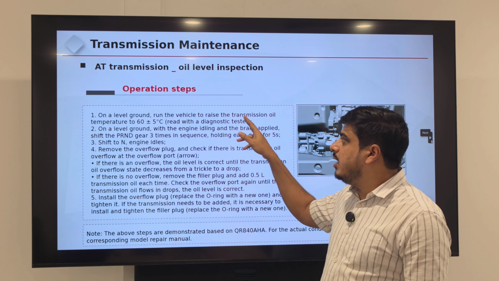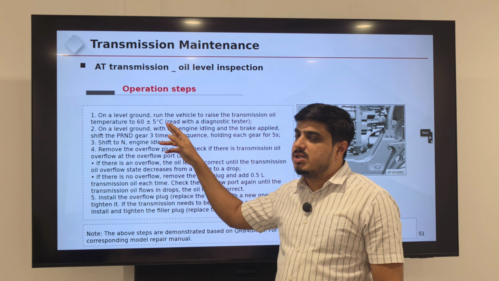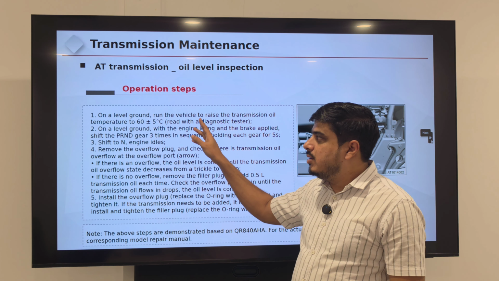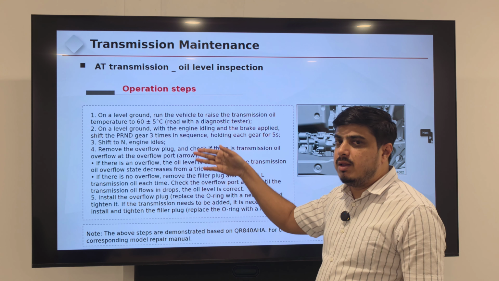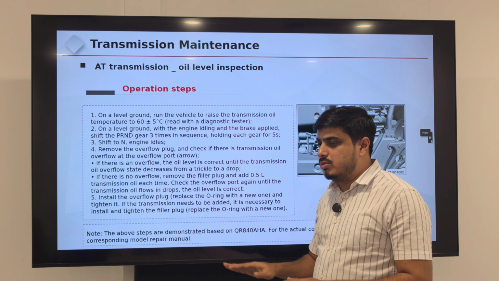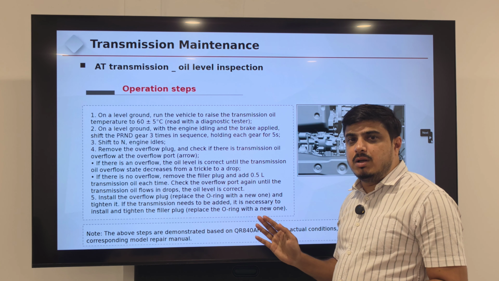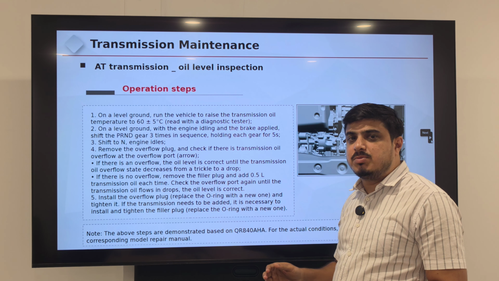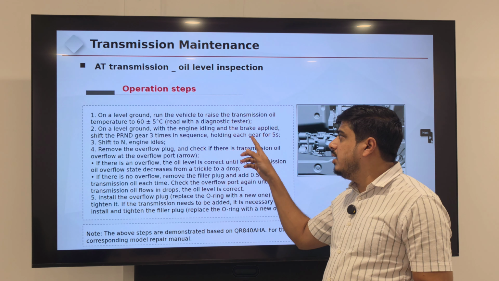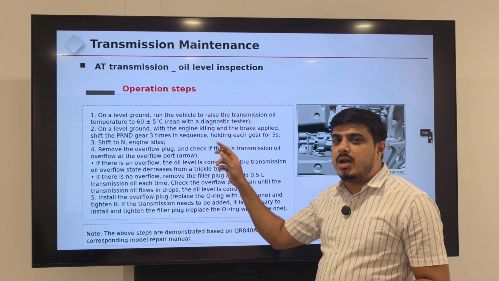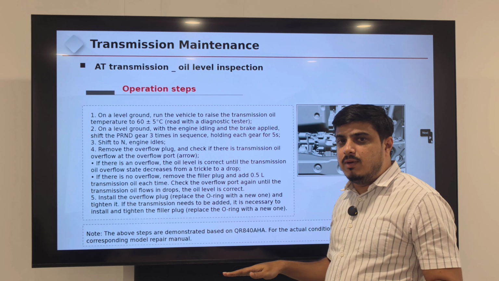Run the vehicle to raise the transmission oil temperature to 60 plus or minus 5 degrees Celsius, and read it with the diagnostic tester. The temperature should be read by the scan tool. On level ground with the engine idling and the brake applied, shift P, R and D for 3 cycles.